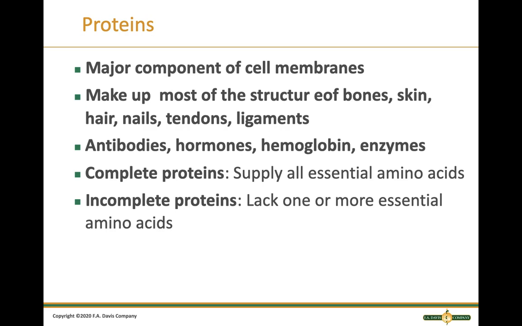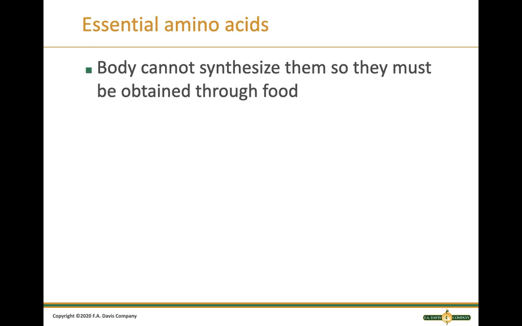And complete proteins are going to be able to supply all the essential amino acids, and these typically come from animal sources. Incomplete proteins are going to lack one or more essential amino acids, and these typically come from plants. And essential amino acids are essential because the body cannot synthesize them, so they must be obtained through the food.